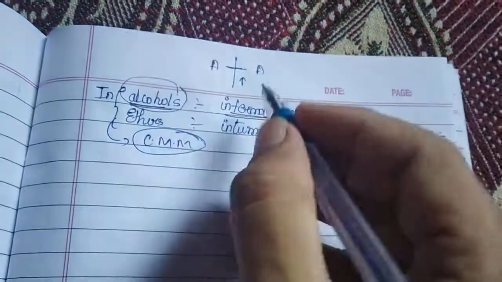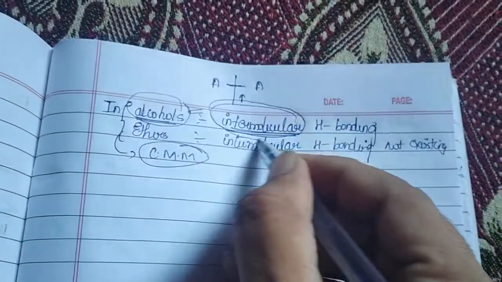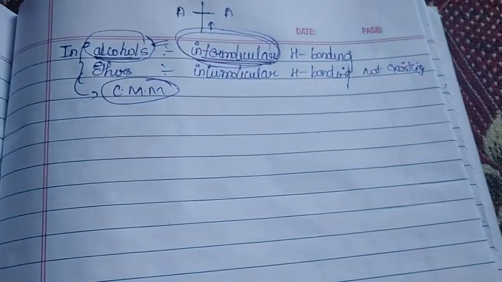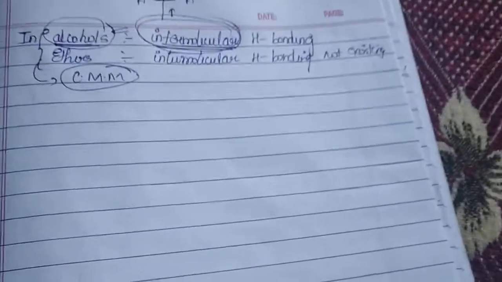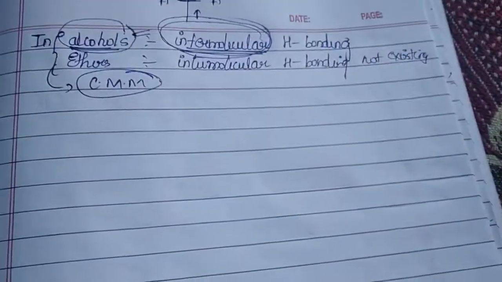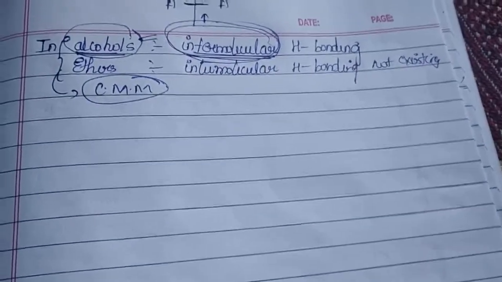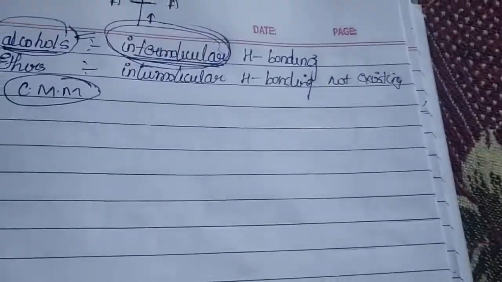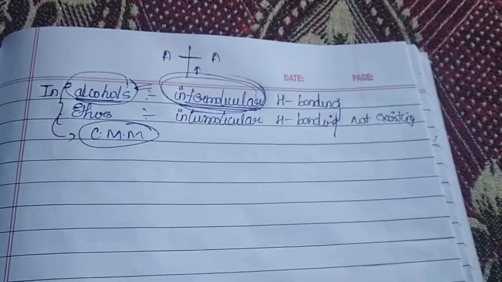The only reason is because in alcohols you can see an intermolecular hydrogen bonding. Is that clear? So intermolecular or intramolecular hydrogen bonding is very much important. That concept itself is ruling the boiling point and melting point of the respective organic compounds. So if we observe hydrogen bonding, of course there will be certain changes in the boiling point. This is the one hint one has to know.